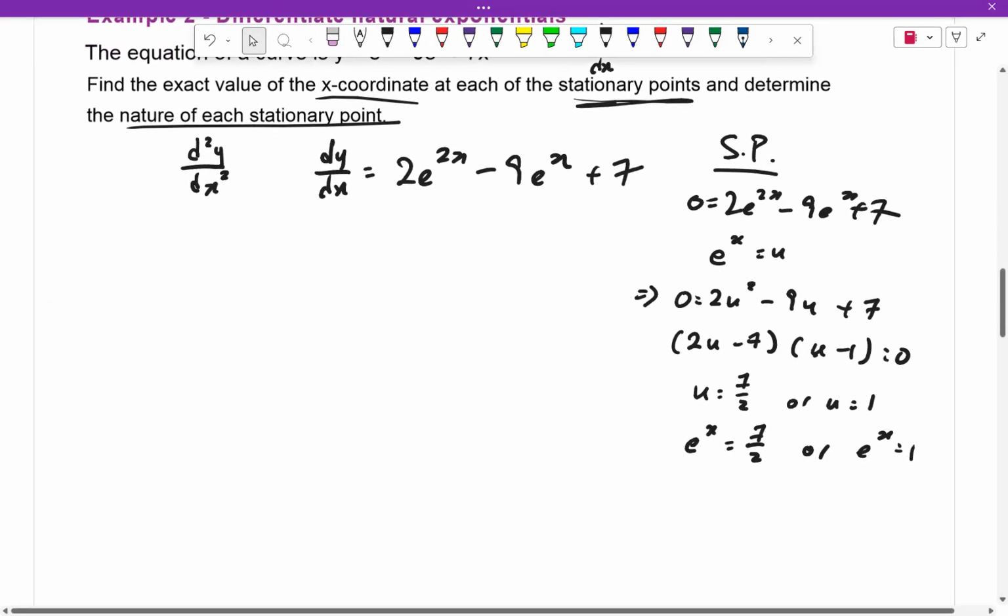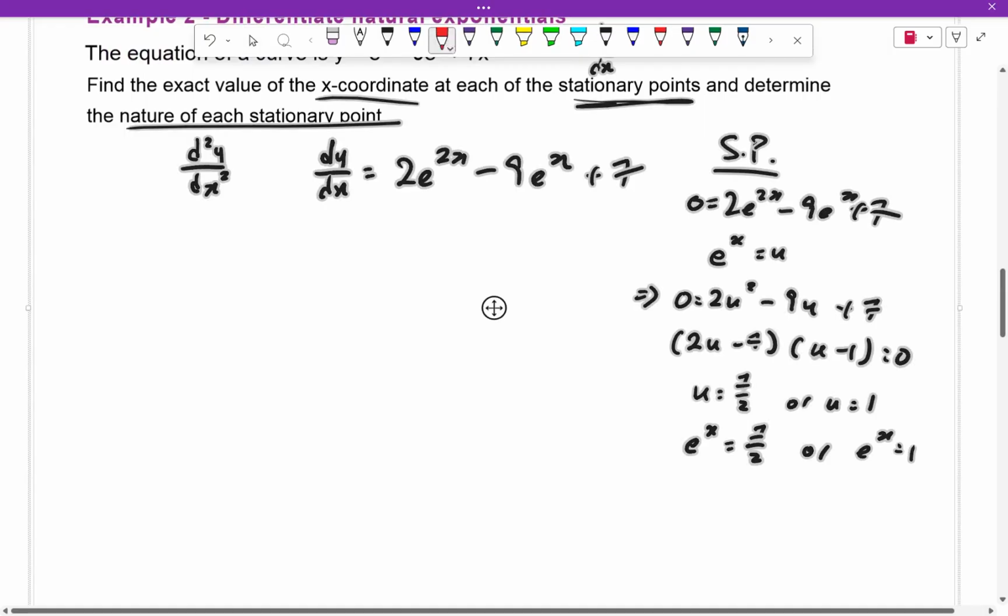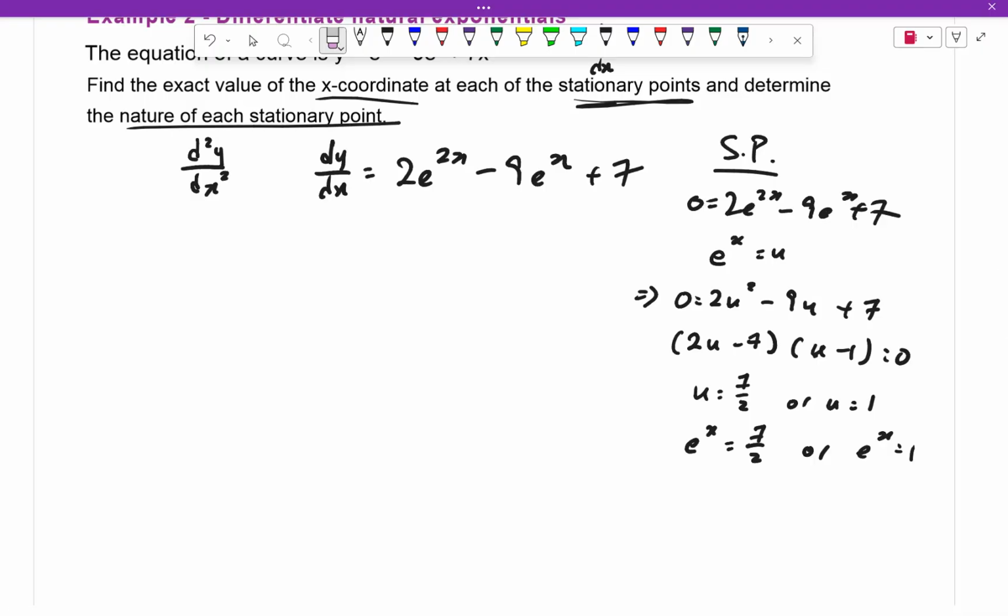Of course, if you want, there's the alternative way, which is just skipping from here to (2e^x minus 7)(e^x minus 1) equals 0. That's the alternative method.